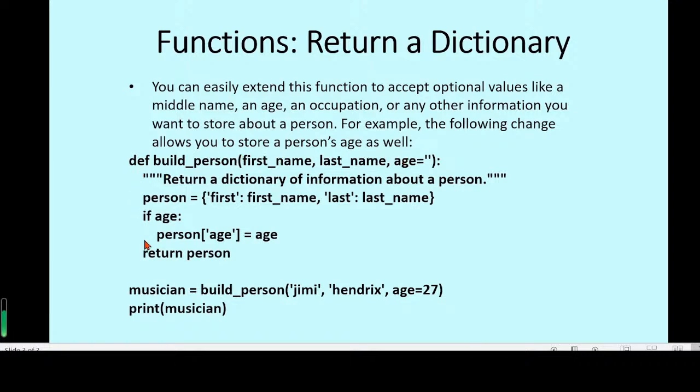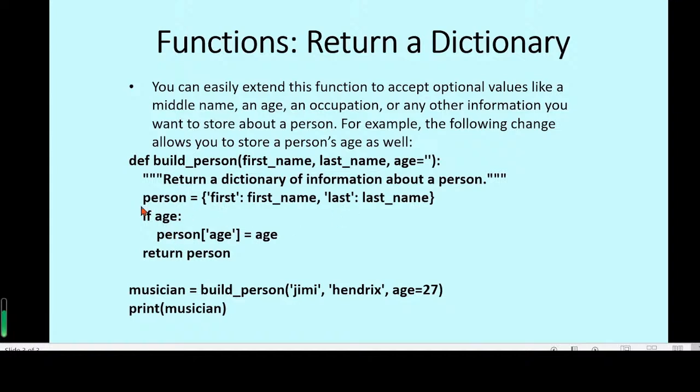So we define a function called buildPerson. But this time we add another parameter called age with a default value of an empty string, in addition to first name and last name. Inside the function, we create a dictionary called person with two key-value pairs, first and last.